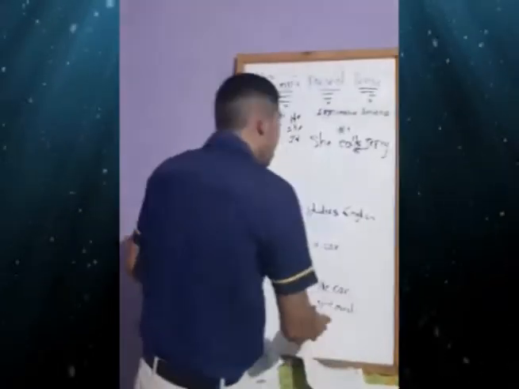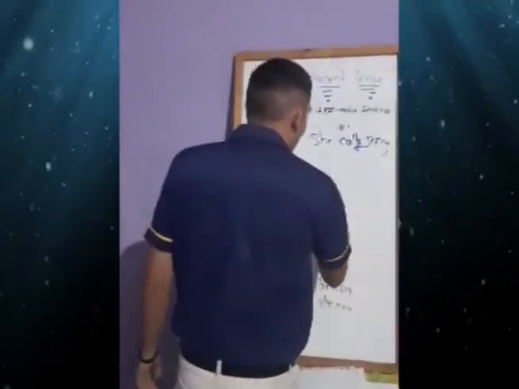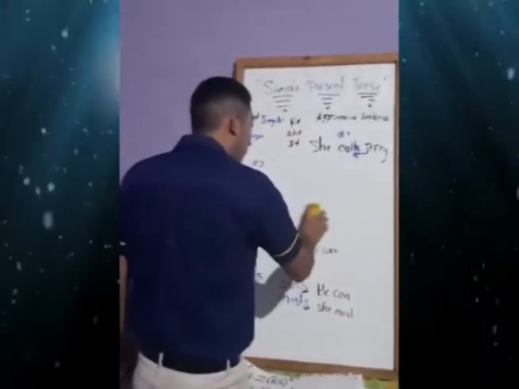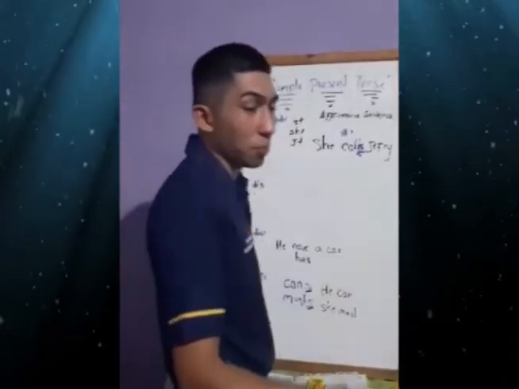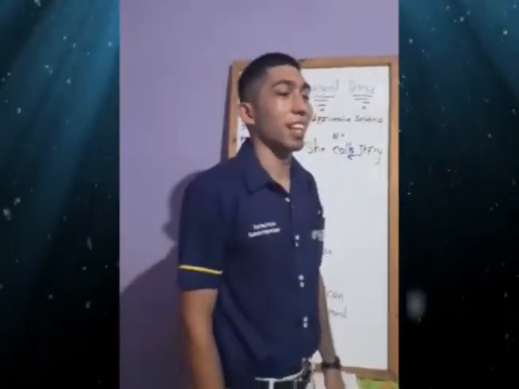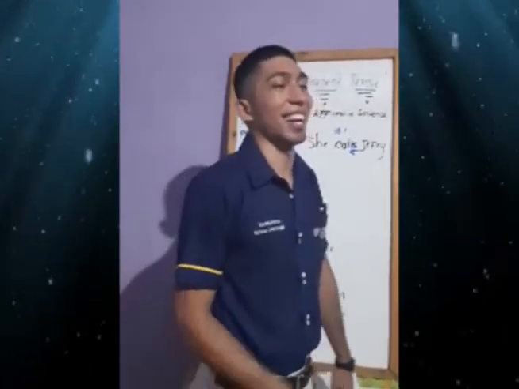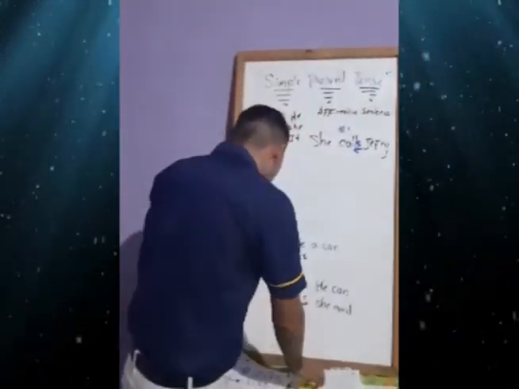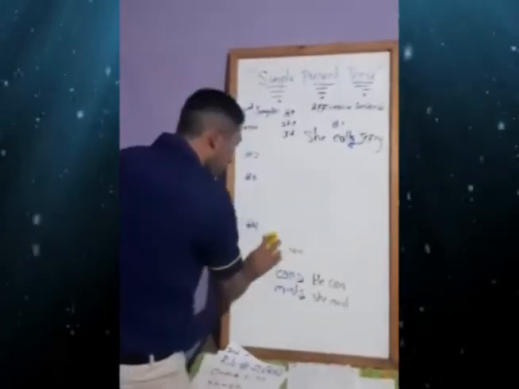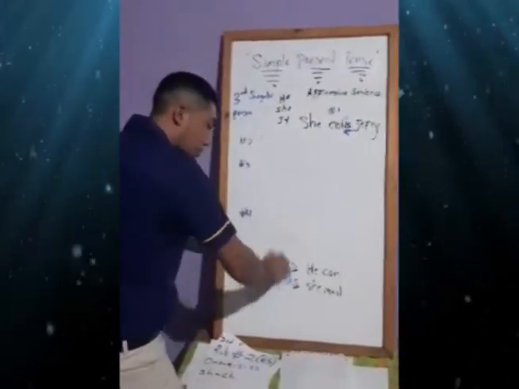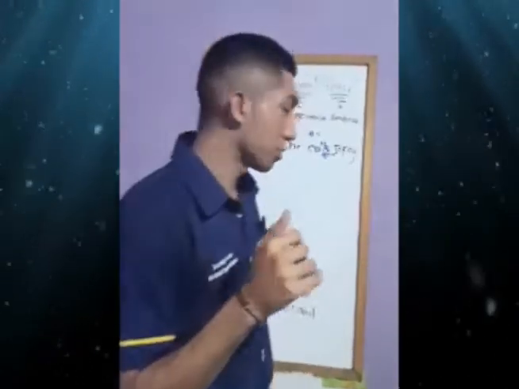We have the third rule. Can you give me an example, please? Yes, exactly. And we have rule number 4. What was rule number 4? The verb have, exactly. Good job.